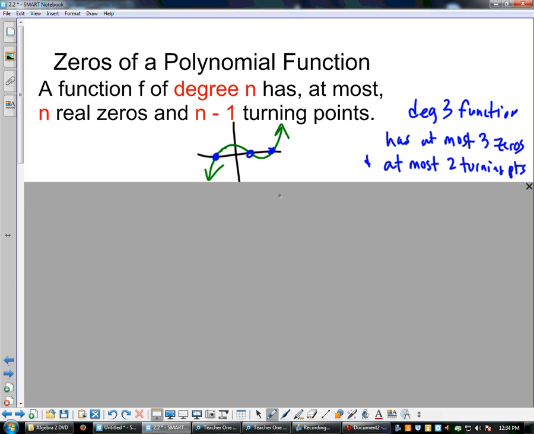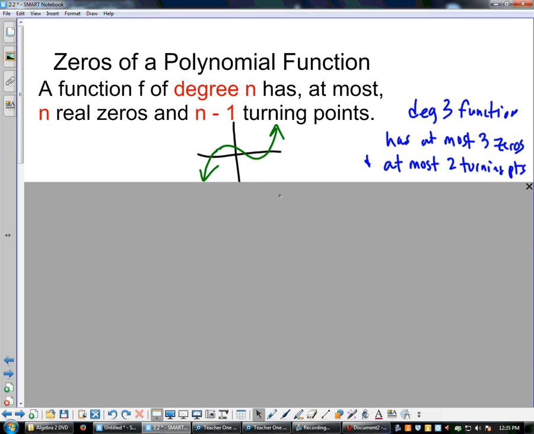The zeros of the function are the same as the x-intercepts of the graph. But if this graph was a little bit higher up, now how many zeros does it have? Still 1, because this is still going to be heading down, right? And it might have 2.